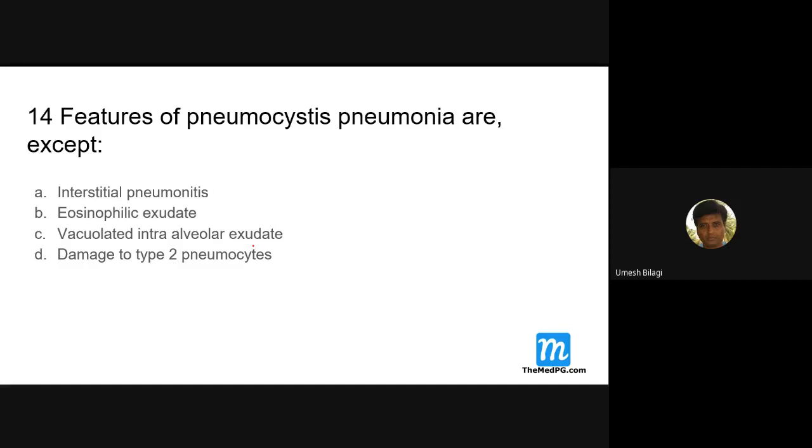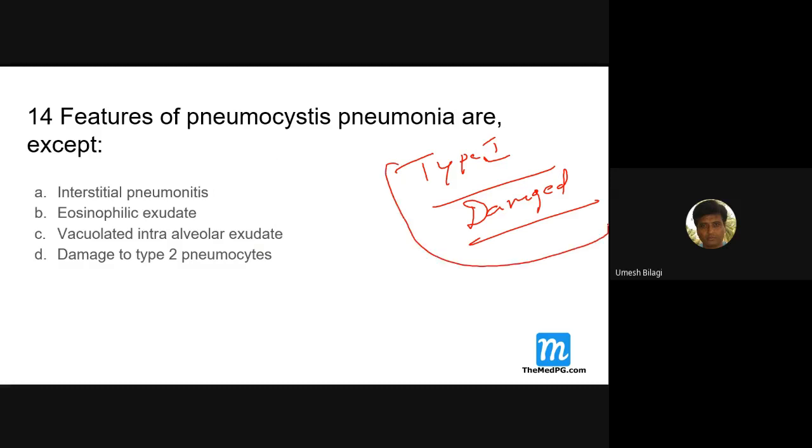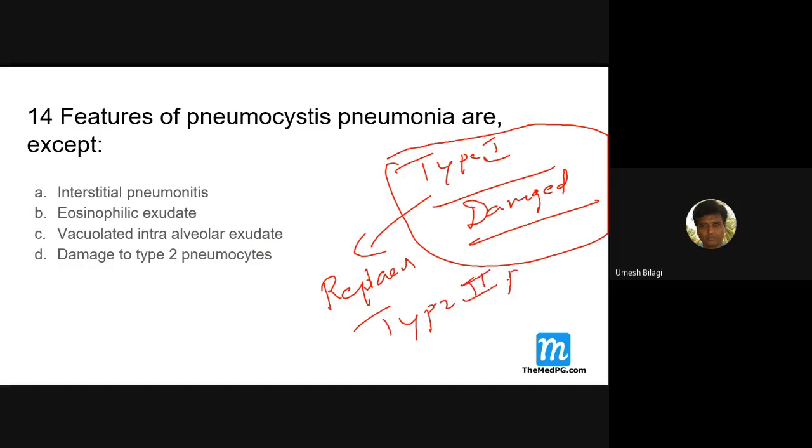Which one of them is false? In pneumonia, the type 1 pneumocytes get damaged, and these are replaced by type 2 pneumocytes.